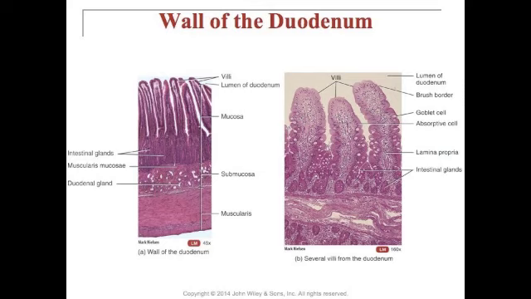So here we're looking at figure 24.21 on page 975 of your textbook. And this slide shows a micrograph of the wall of the duodenum. So the microvilli in the small intestine contain several microvillous border enzymes that help to digest nutrients.